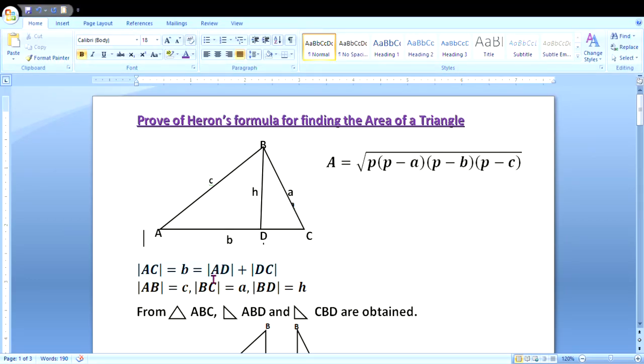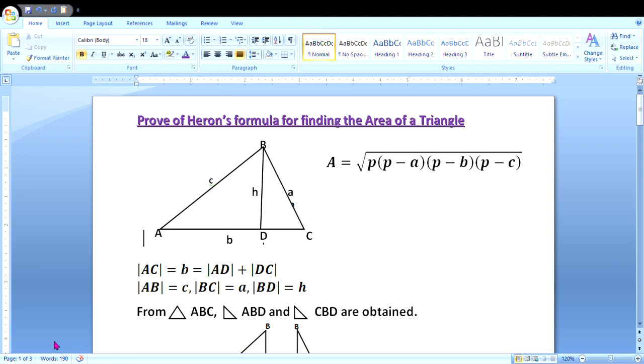Hello, good day. In this virtual class, we're going to look at how to prove Heron's formula for finding the area of a triangle if the three sides are given and the height is absolutely missing.